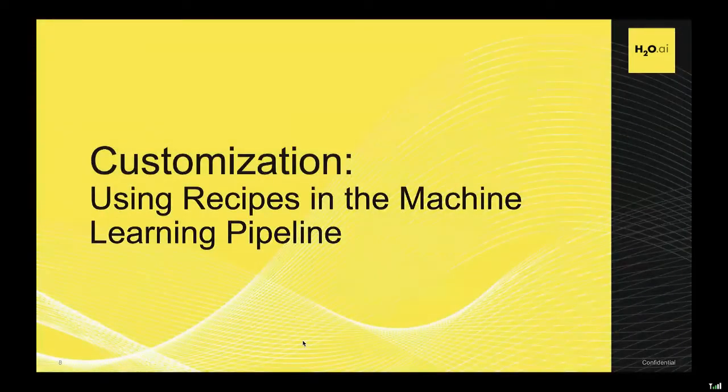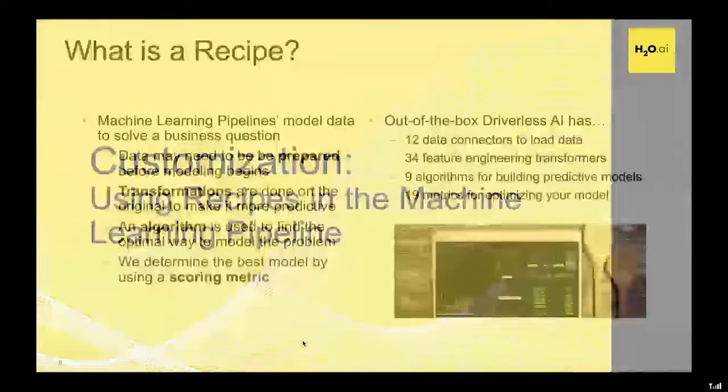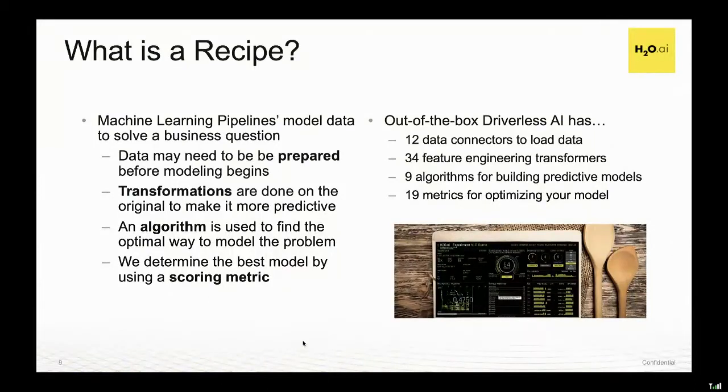So now let's get into the customization. Before we talk about the main ways of customizing Driverless, which is through recipes, we should first define recipe. So when we talk about a recipe at H2O, what we're thinking about is a piece of your final scoring pipeline. So if you think about everything it takes to build a good machine learning pipeline, it's not just an algorithm that runs and creates you a model.